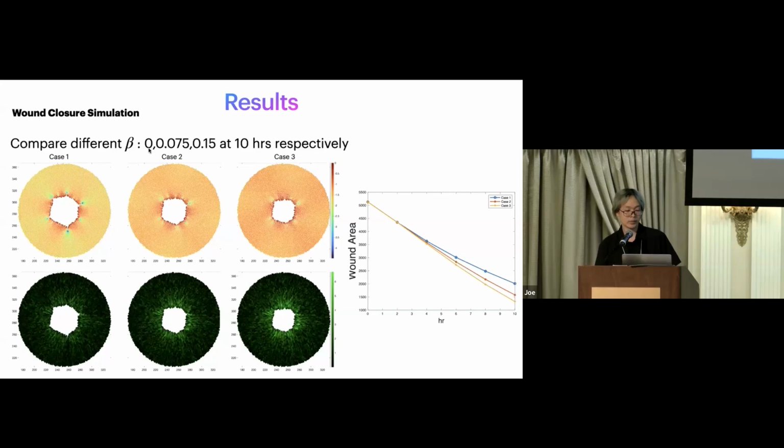And when beta equals 0, it's less fluid. So the wound size is much larger compared to the other two.